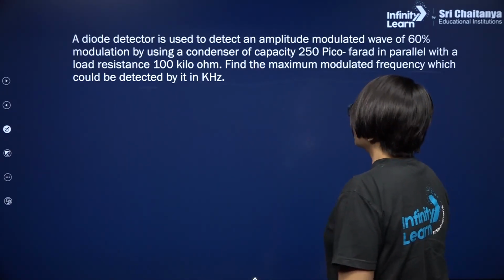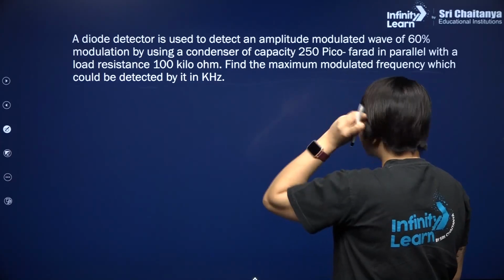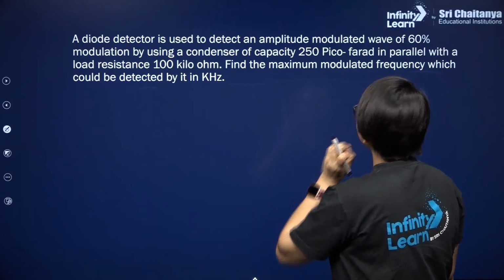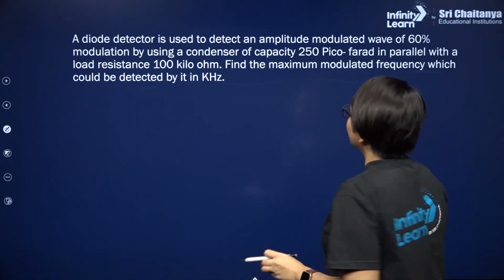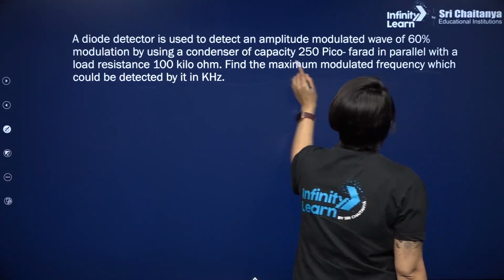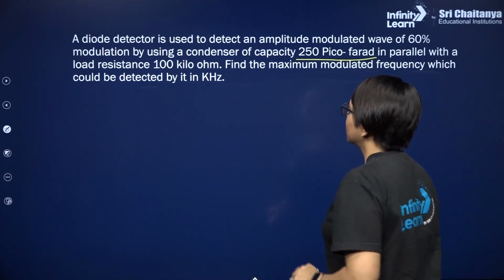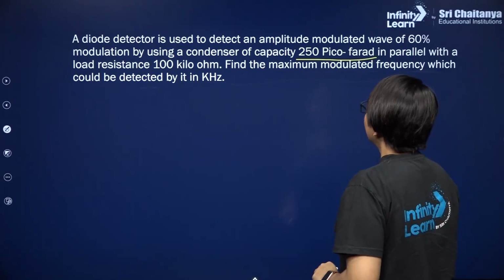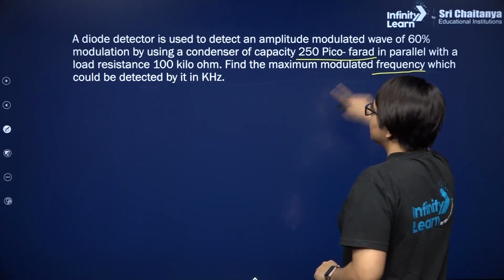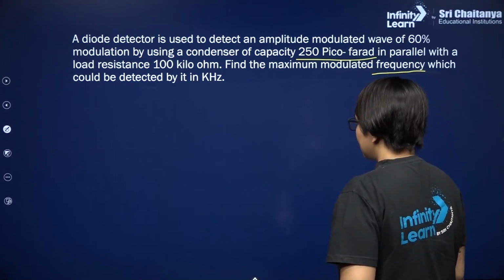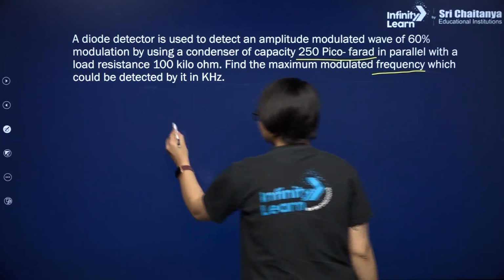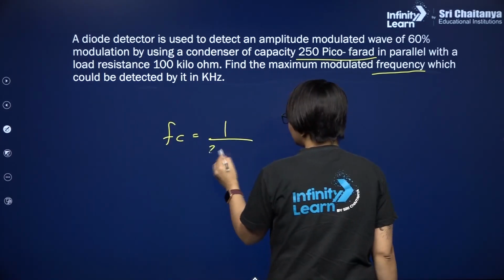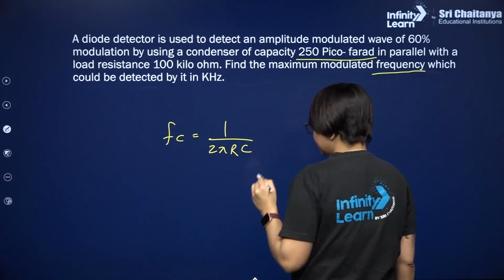Next is this one. A diode detector is used to detect an amplitude modulated wave of 60% modulation by using a condenser of capacity 250 picofarad in parallel with load resistance 100 kilo ohm. Find the maximum modulated frequency which could be detected by it in kilohertz. So over here it is 1 upon 2 pi RC, right.